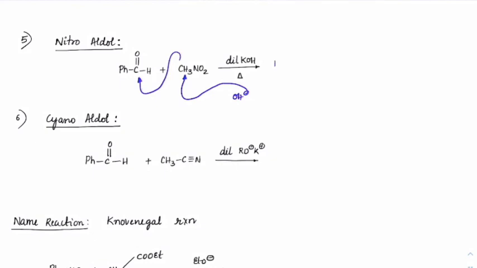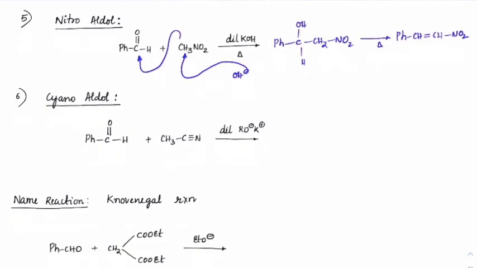So that's how we will get this as PhCHOHCH2NO2. And here also on heating we can see that double bond formation is observed, because it can undergo resonance stabilization with NO2. So this will be the final product. So this is Nitro Aldol.